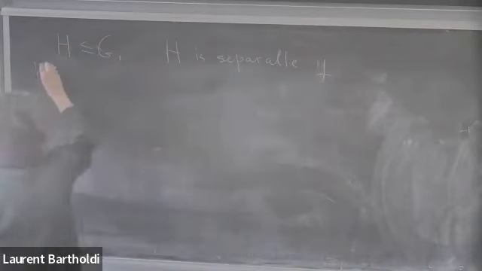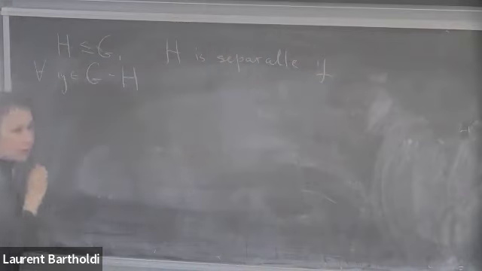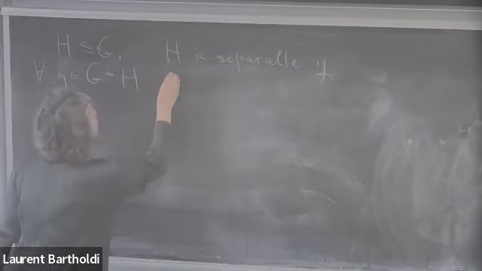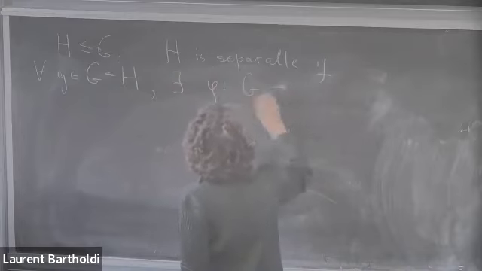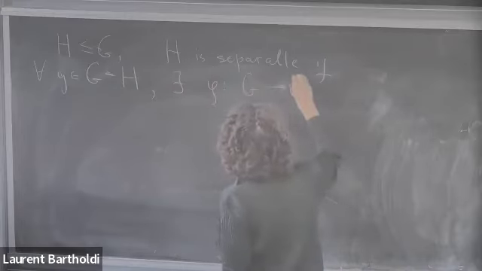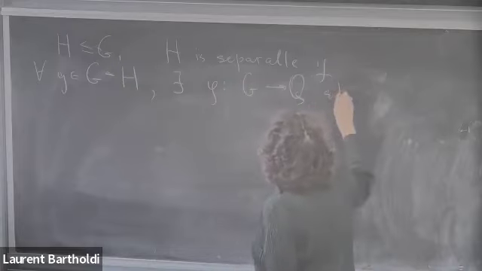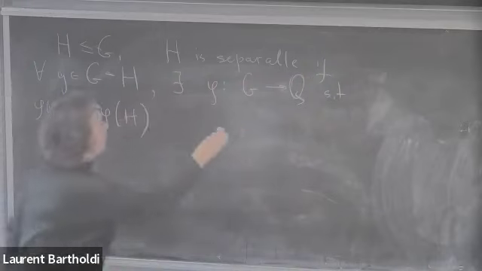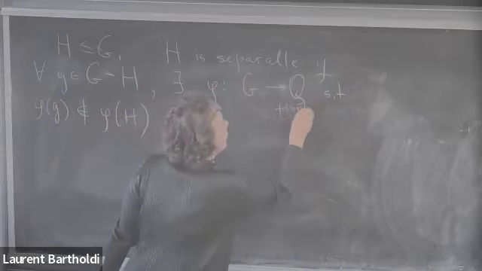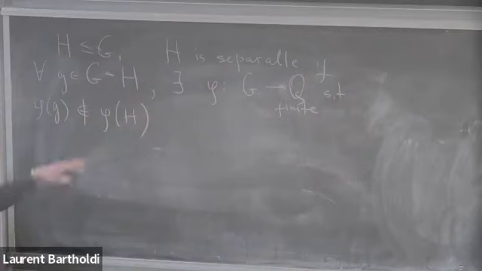If for any element g which belongs to G but not to H, there exists a homomorphism from G into a finite group U that separates this element from the image of the subgroup.